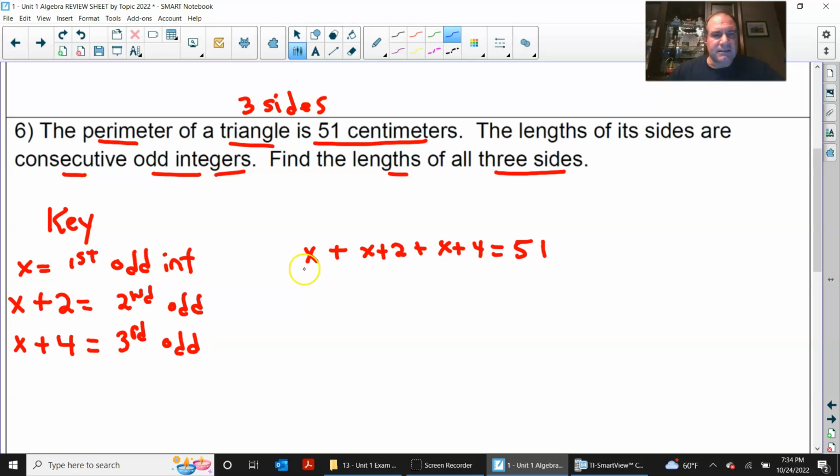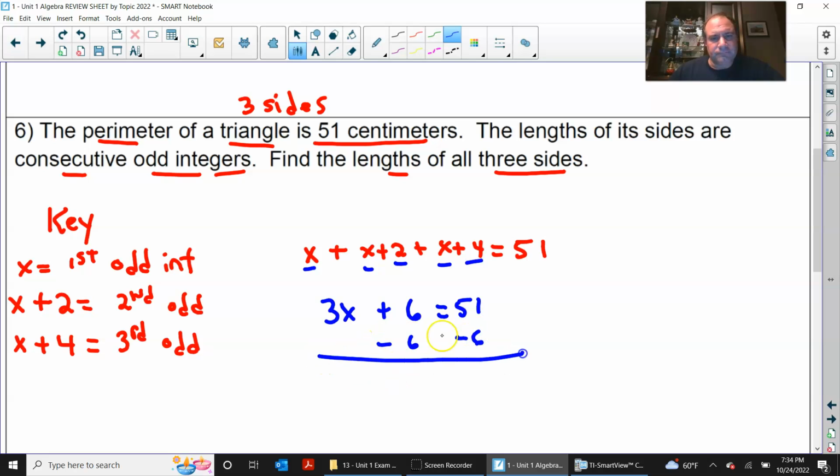So we have an x here, an x here, and an x here. So that's 3x. Plus 2 plus 4 is 6 equals 51. So we are minusing 6 from each side. 3x equals 45. Divide by 3 on both sides. And you get x equals 15.